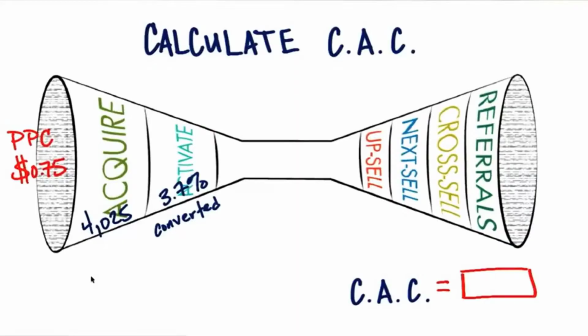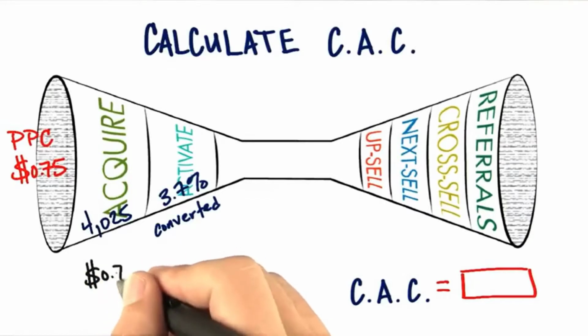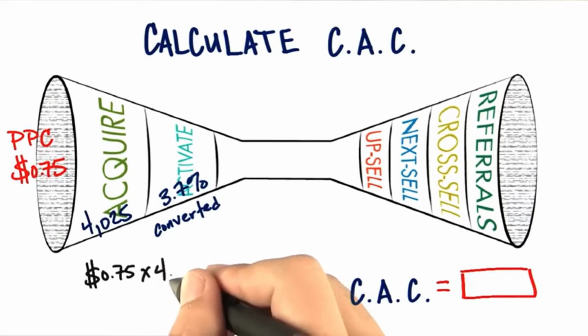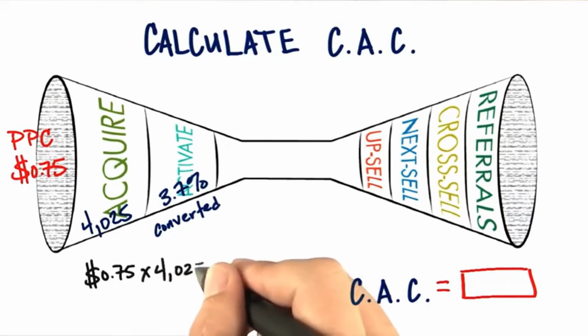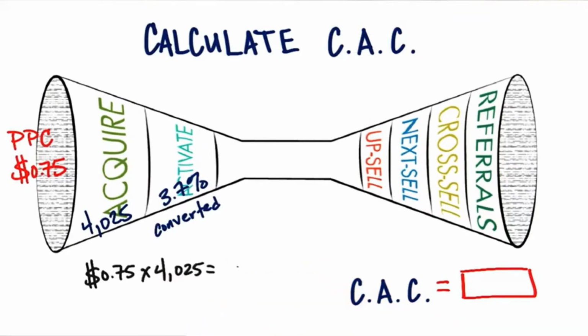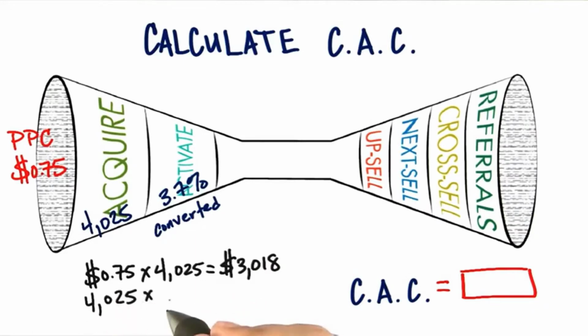So let's see how we came up with our answer. Number one, our pay-per-click number was 75 cents for each customer that we got to our site. And we know we got 4,025 customers. If we multiply that out, we know we've spent $3,018. The next number that's important is that not all 4,025 actually activated. In fact, our conversion number is only 3.7%.